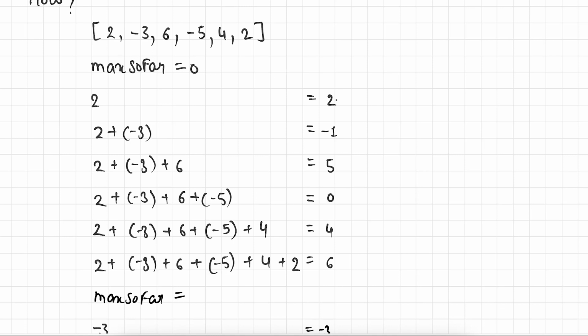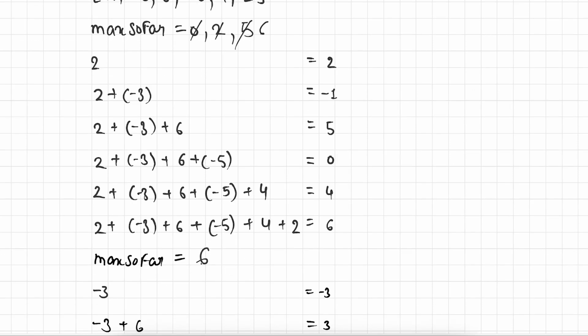In the first iteration we have 2, which is greater than maximum so far, so we update it to 2. Then we get -1, which is smaller, so we leave it as it is. Then we get 5, which is greater, so we update it. Then we get 0, which is smaller, then 4, which is also smaller. Then we get 6, so we update the maximum so far to 6. So the maximum so far we have found is 6.